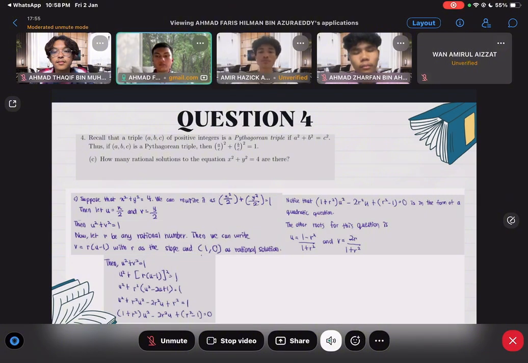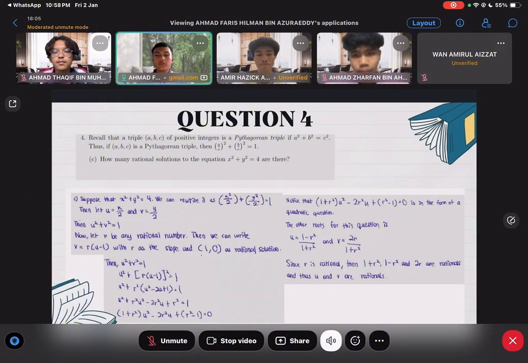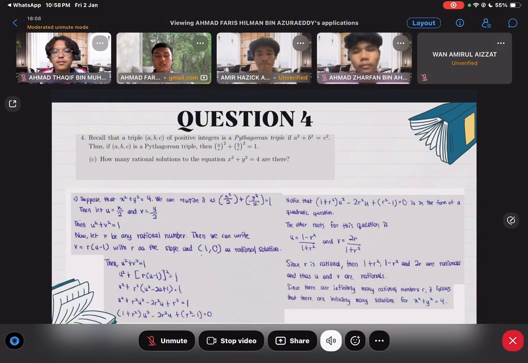Then, to solve this, we can use u squared plus v squared equals 1 and substitute in the v equation that we have obtained. So, by substituting that, we can do some algebra and expansion, and we will get the equation (1 plus r squared) u squared minus 2r squared u plus r squared minus 1 equals 0.